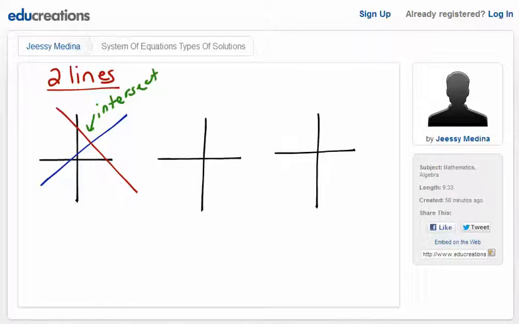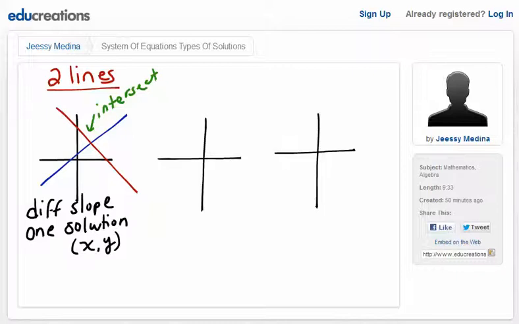They will intersect, which means that they have different slope. You're going to get one solution. Right, so you're going to get an x and a y value as a solution for this.